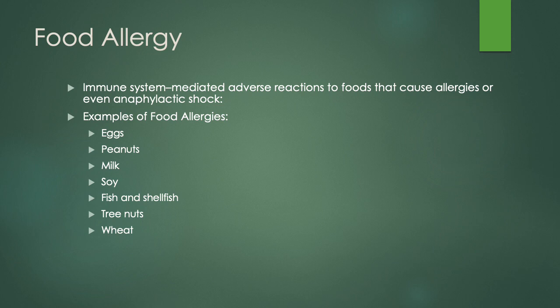So some examples of allergies include milk, soy, fish and shellfish, tree nuts, wheat, peanuts, eggs, things along those lines that are not normally harmful to a human body at baseline and cause an allergy to someone that is altered in their nutritional status. This is called a food allergy.